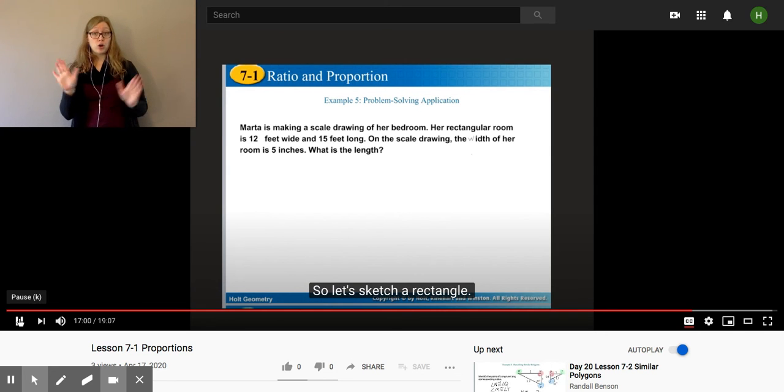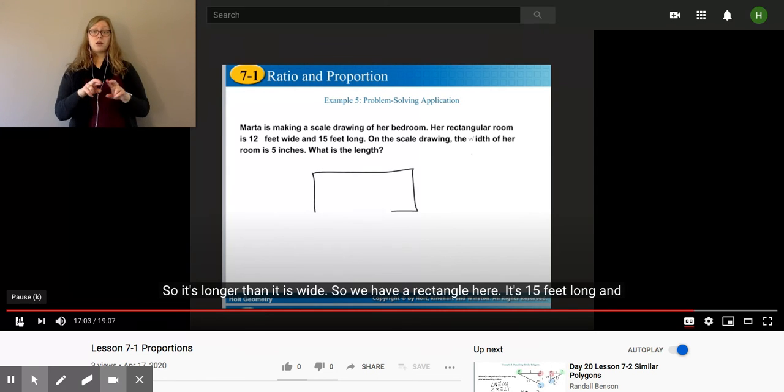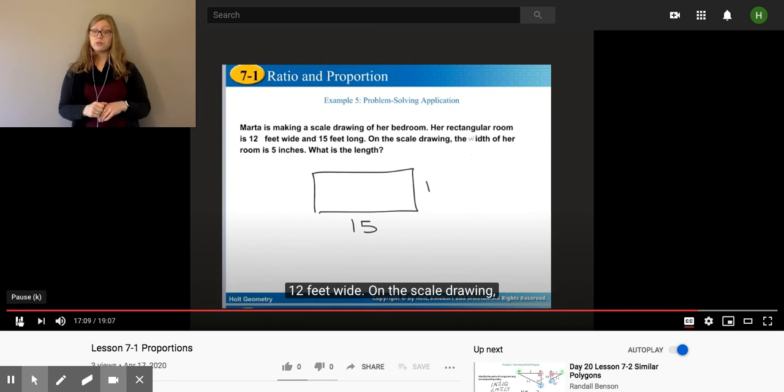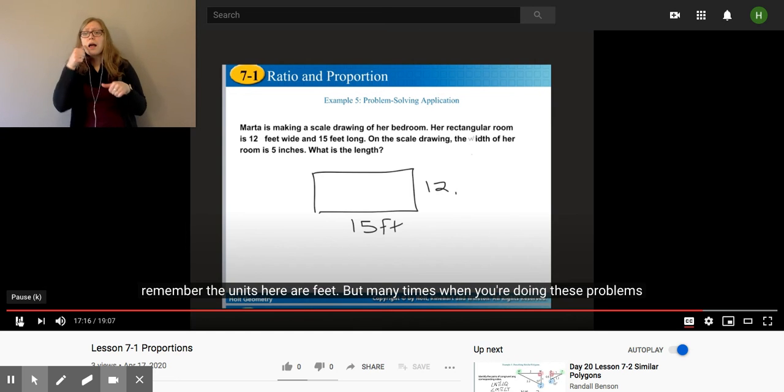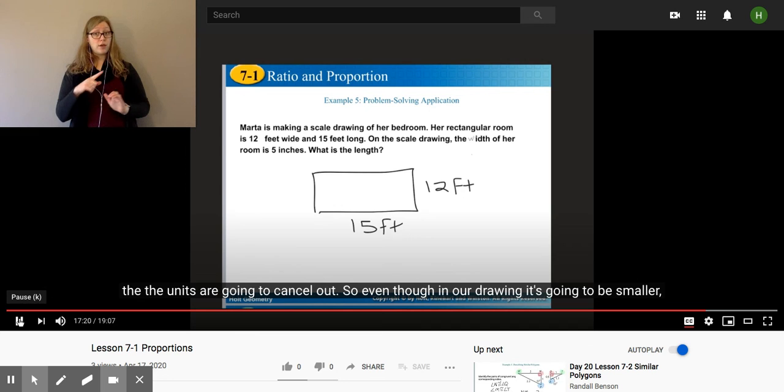So let's sketch a rectangle. It's longer than it is wide. So we have a rectangle here. It's 15 feet long and 12 feet wide. On the scale drawing, and remember the units here are feet, but many times when you're doing these problems, the units are going to cancel out.